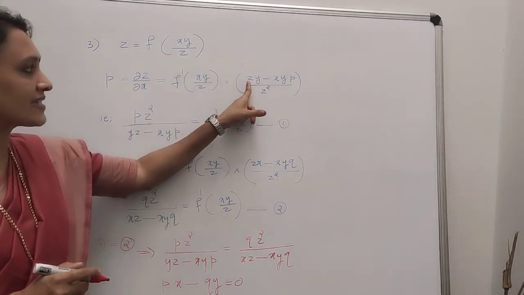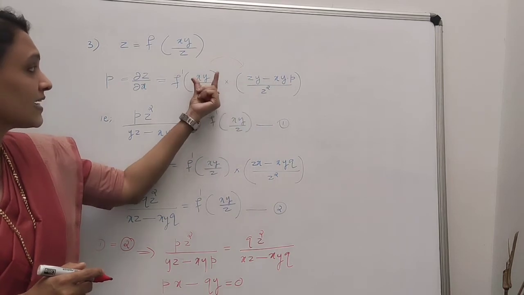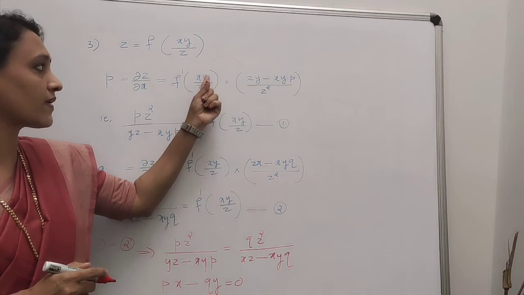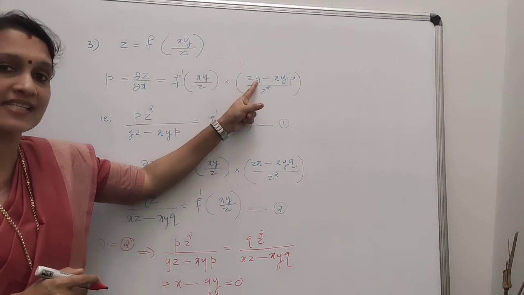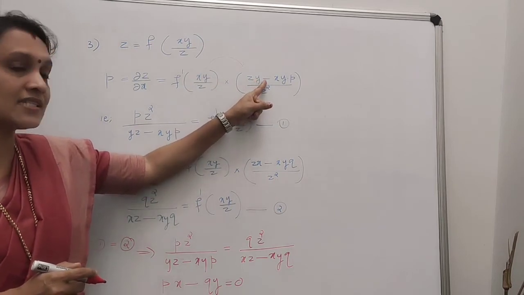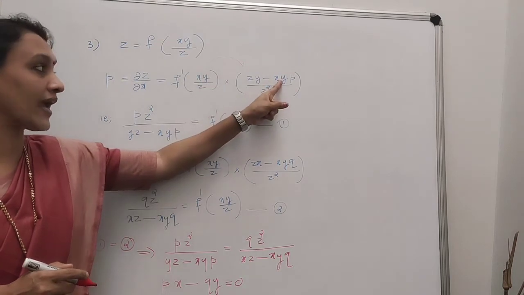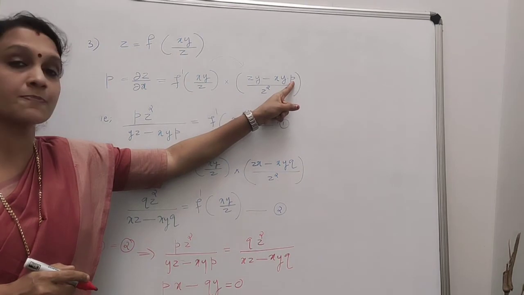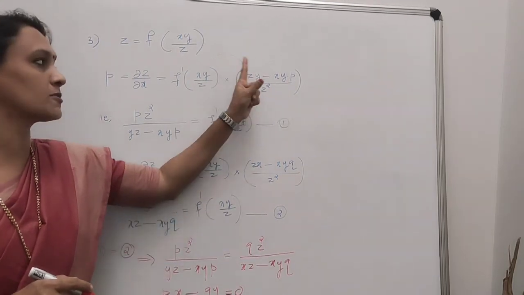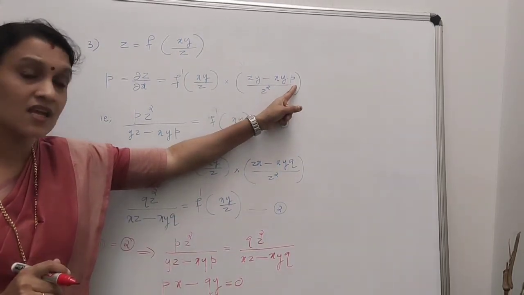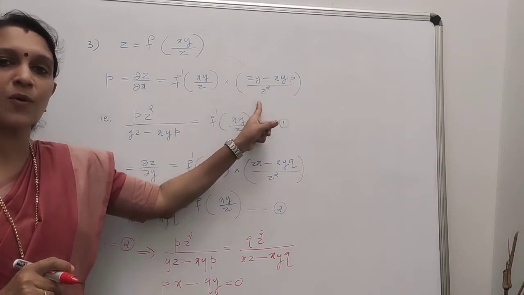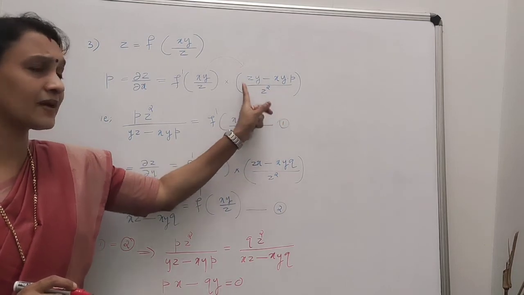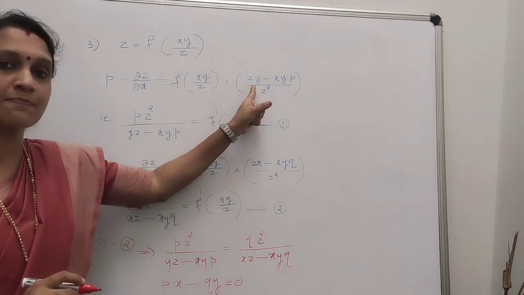So denominator z into derivative of numerator with respect to x, so xy whose derivative with respect to x is y, minus numerator xy into derivative of denominator with respect to x, z with respect to x, that is p, whole divided by denominator square, so z square. Okay, is this step clear? Okay, by applying the quotient rule.